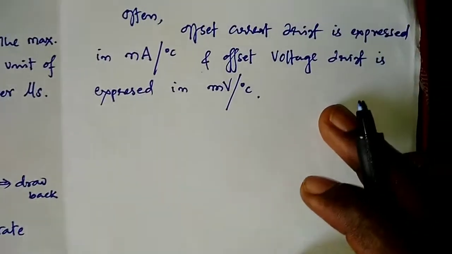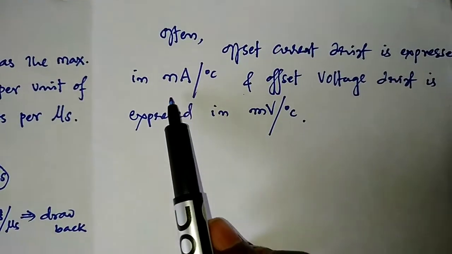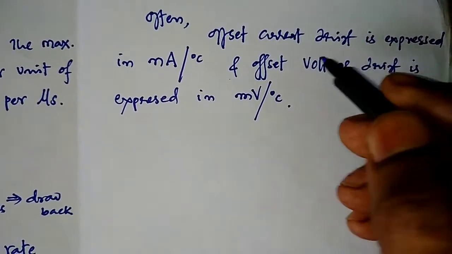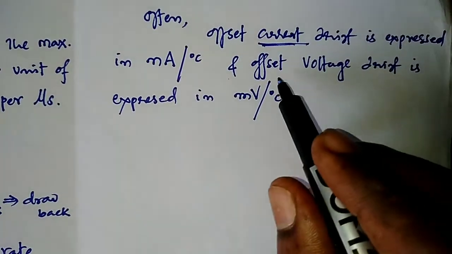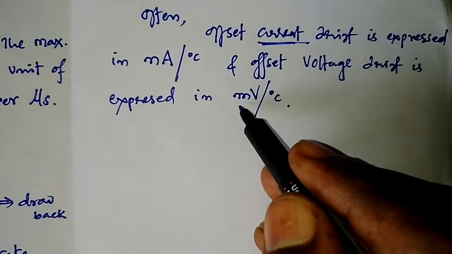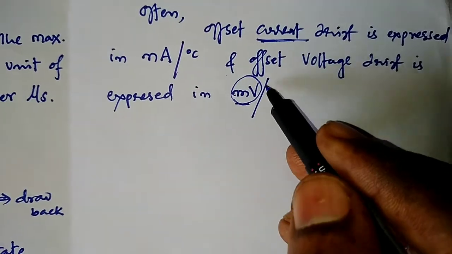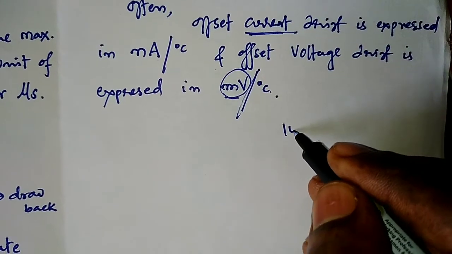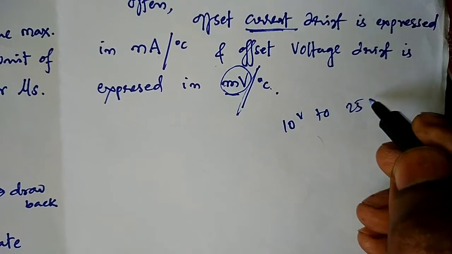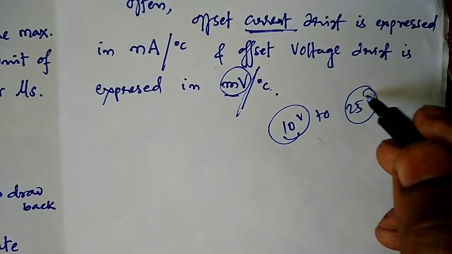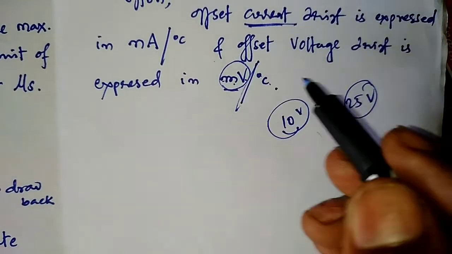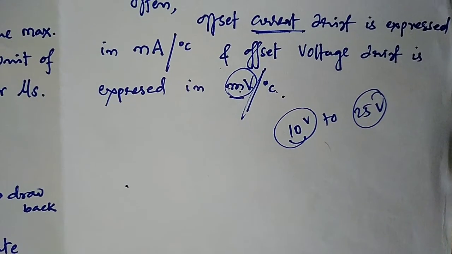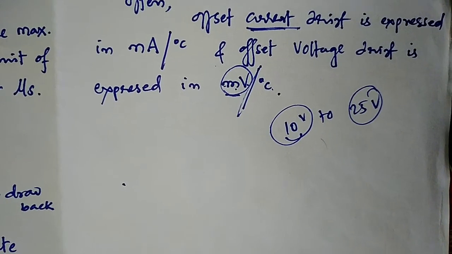The offset current drift is expressed in nanoamps per degree Celsius. Offset voltage drift is expressed in millivolts per degree Celsius, that is change in voltage with respect to temperature.